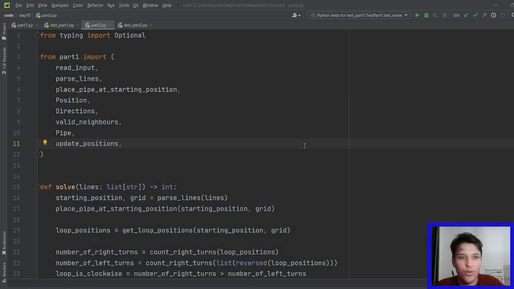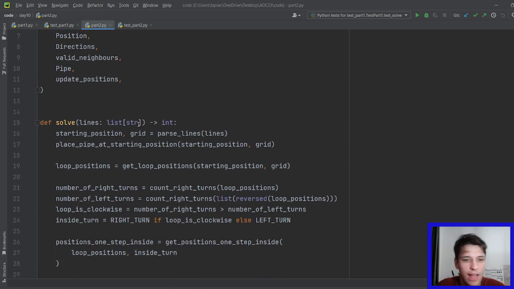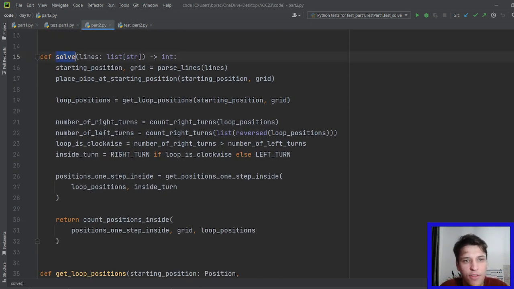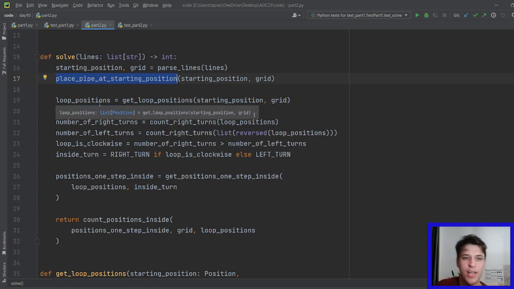All right, so how to encode this idea in code or in Python? We can reuse almost everything from part 1, and our solution will look like the following. First we have a list of lines, and then we parse it to get the starting position and our data. Then, as in part 1, we place the correct pipe at the starting position.